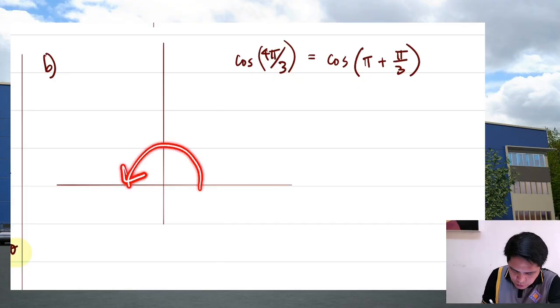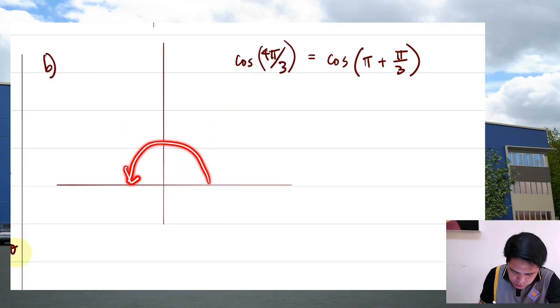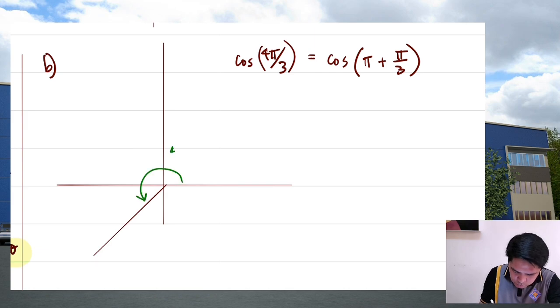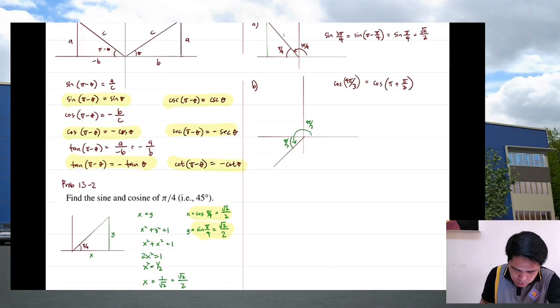So, for 1/3 of pi, we cut this into 3 equal parts. So, 1 pi or pi plus its 1/3. So, here is our angle. I mean, this is now the location of the angle. So, this is 4 pi over 3. Okay? So, again, this is pi over 3. And we already solved a problem using pi over 3, right?